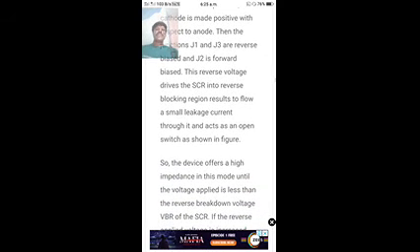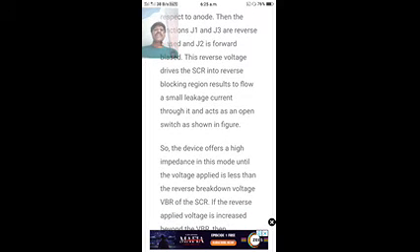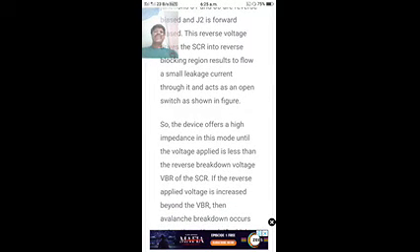This mode of operation is called reverse blocking mode, or the off state. The device offers a very high impedance until the applied voltage is less than the breakdown voltage of the SCR.